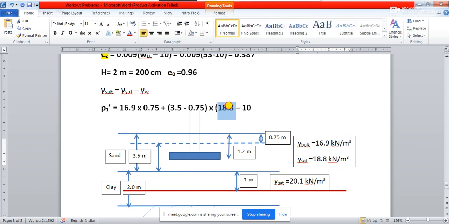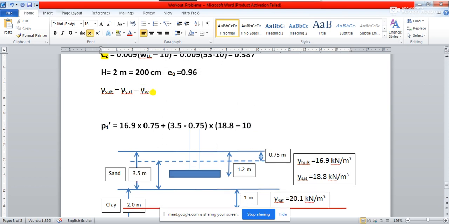From the saturated unit weight of soil, we are subtracting the unit weight of water, because we are assuming the value of gamma W as 10 kilonewton per meter cube. Approximately it is 10 kilonewton per meter cube, that means 9.81 kilonewton per meter cube.